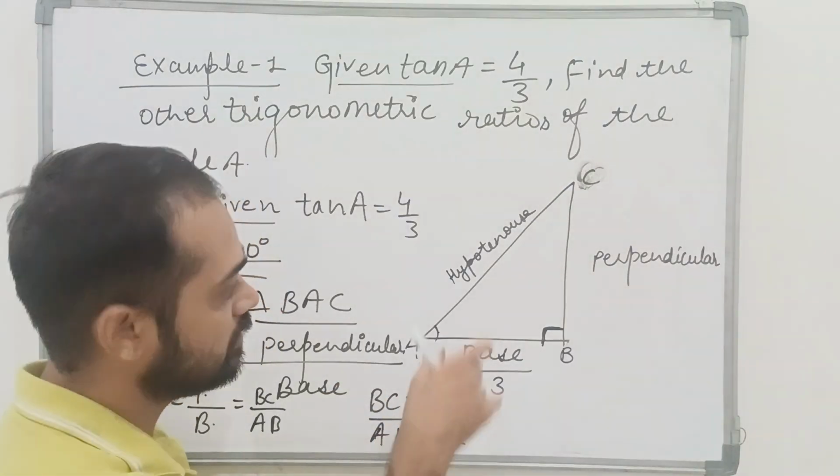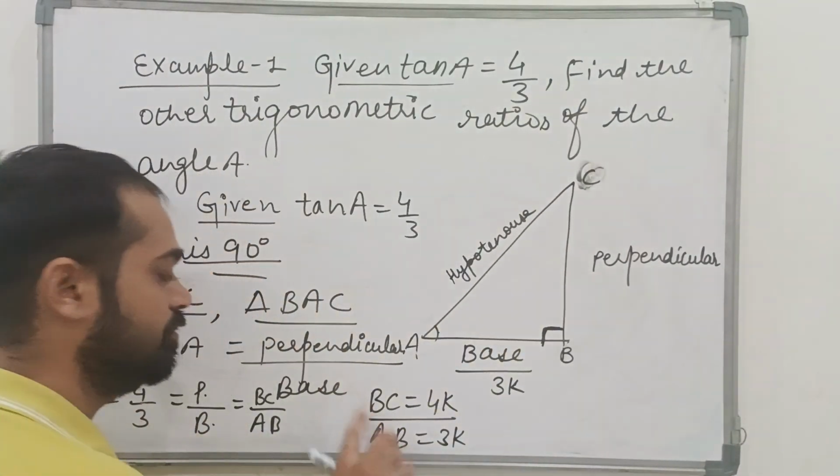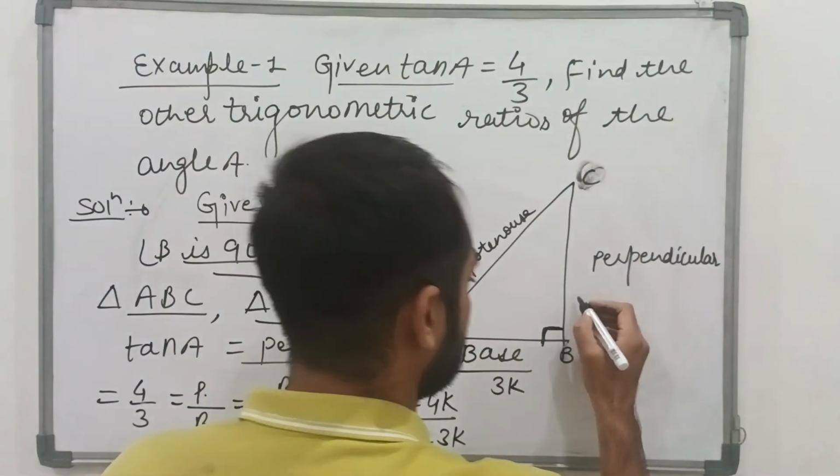Now we can write in this triangle AB is equal to 3K and BC is equal to 4K.